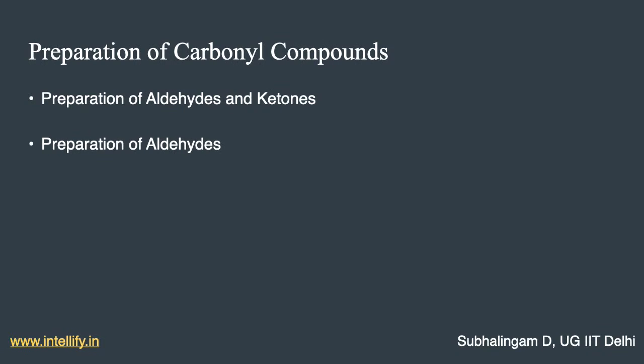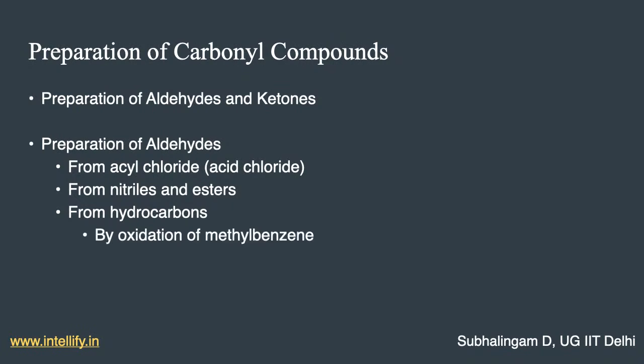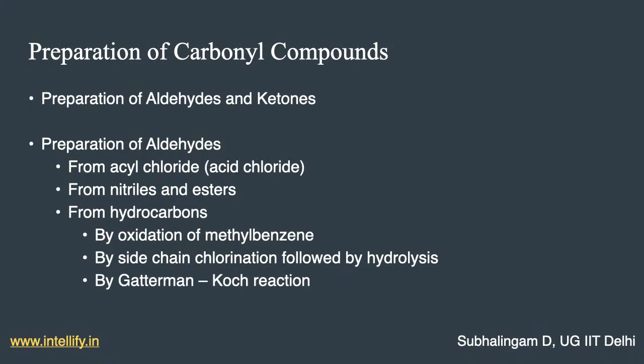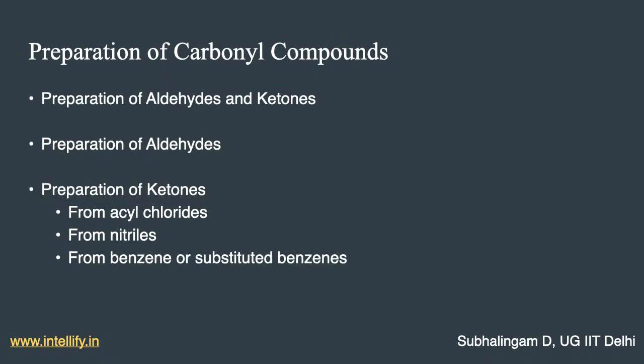Then we will see some techniques that are specific for aldehydes, which includes from acyl halides, from nitriles and esters, then from hydrocarbons, which includes oxidation of methylbenzene, side chain chlorination followed by hydrolysis, and the Gatterman-Koch reaction. Then we will move on to techniques specific for ketones. First in this is from acyl chlorides, then from nitriles, and finally from benzene or substituted benzenes.